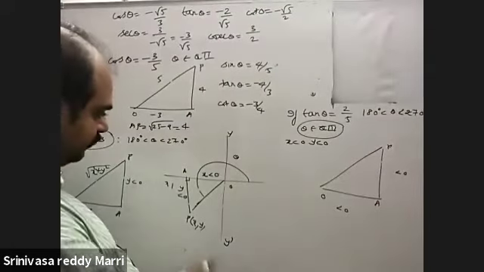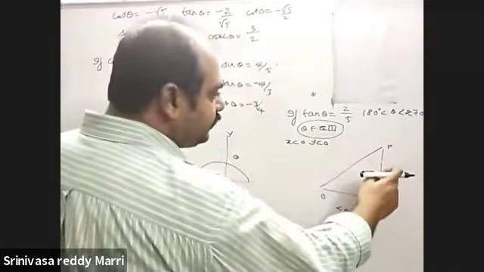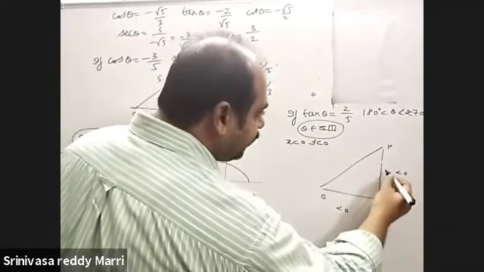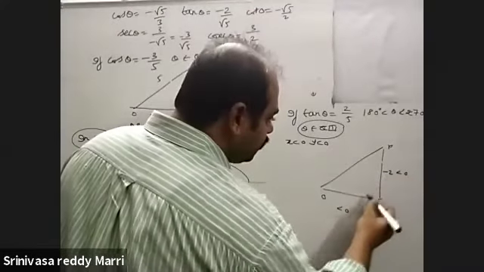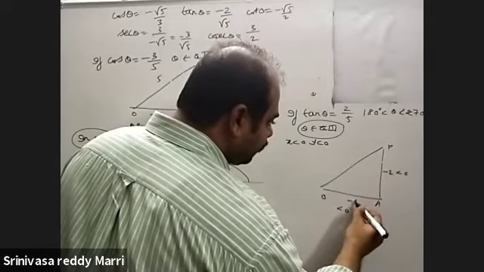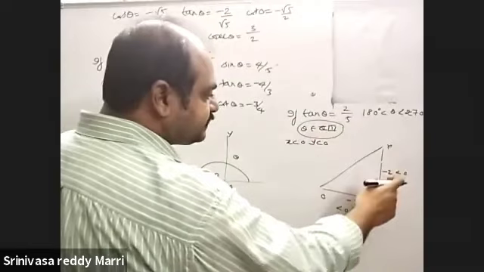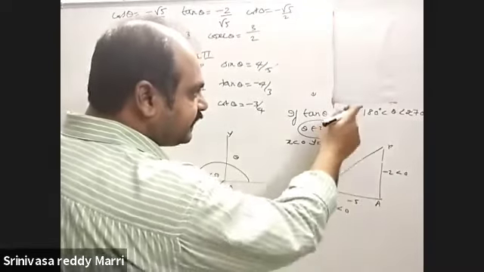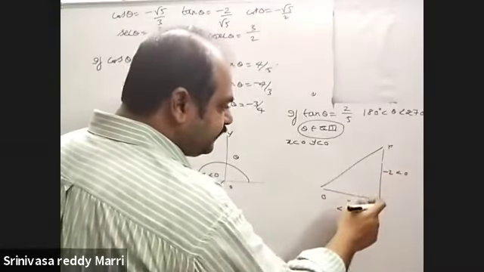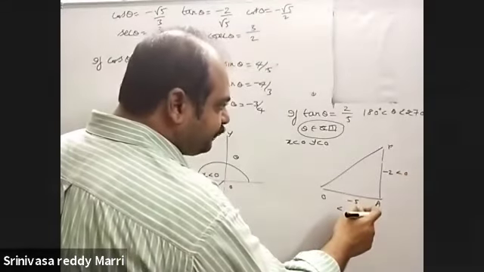You must not write 2 here and 5 here. You can write like -2 and -5, no problem, because 2 by 5 itself is -2 by -5. Here it is negative, here it is negative, and tan theta is the ratio 2 by 5 only.